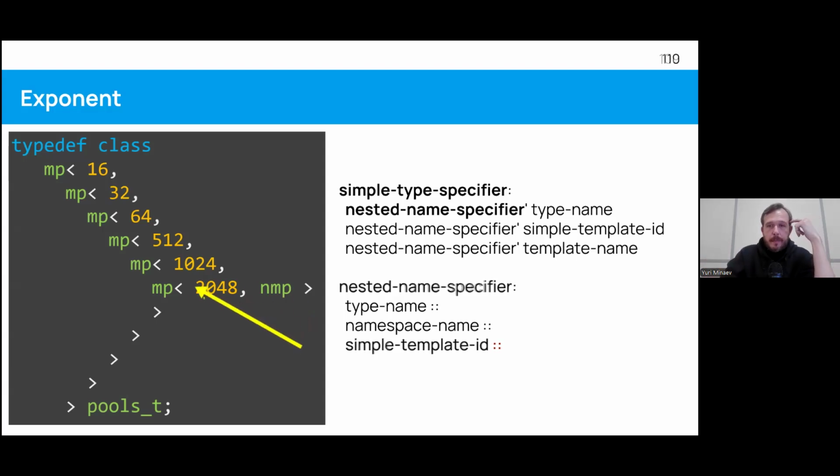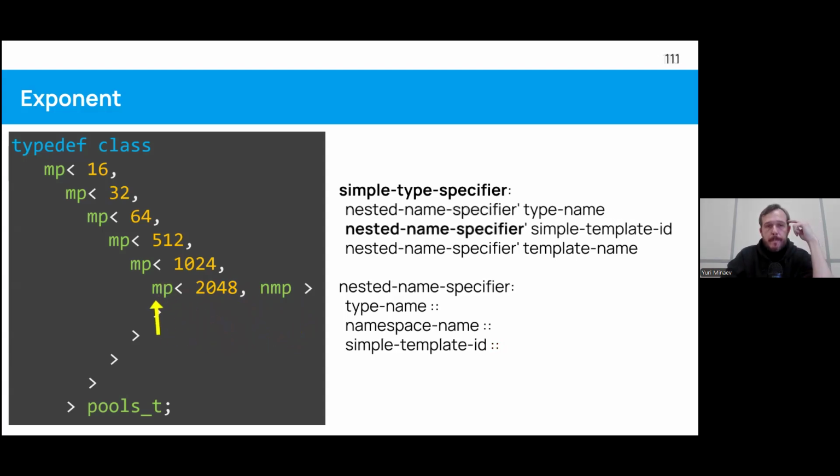Okay, let's go back. Again, I'm skipping some stuff which is irrelevant right now for us. Eventually, we will bump into this thing, and we parse that piece as a simple template ID. Good.